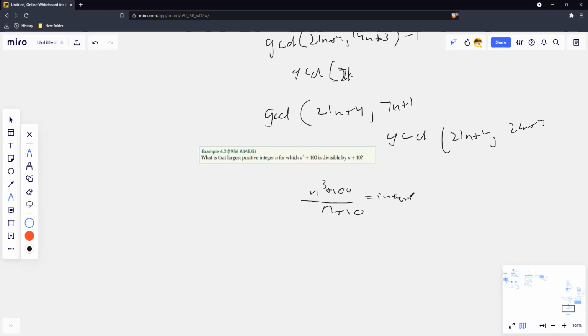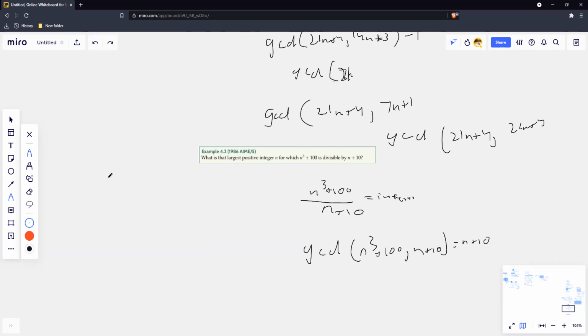So in other words, the greatest common divisor of n cubed plus 100, n plus 10 must be equal to n plus 10. So this is basically a converse of the proposition earlier. n plus 10 will be a factor of n cubed plus 100, which basically means this.